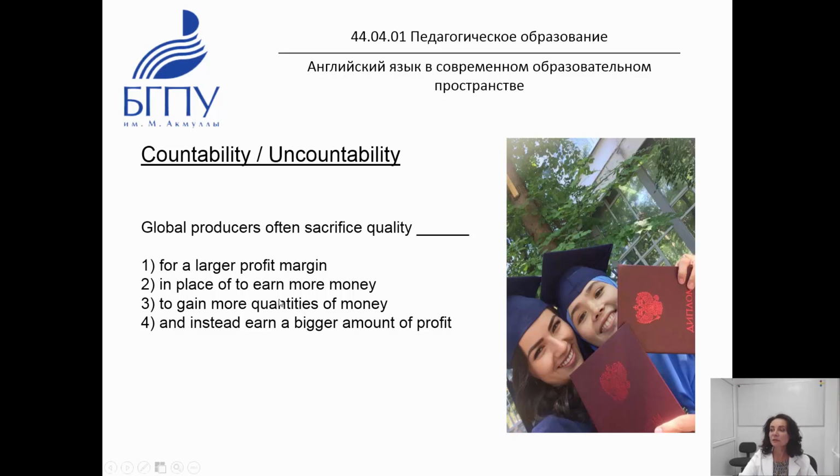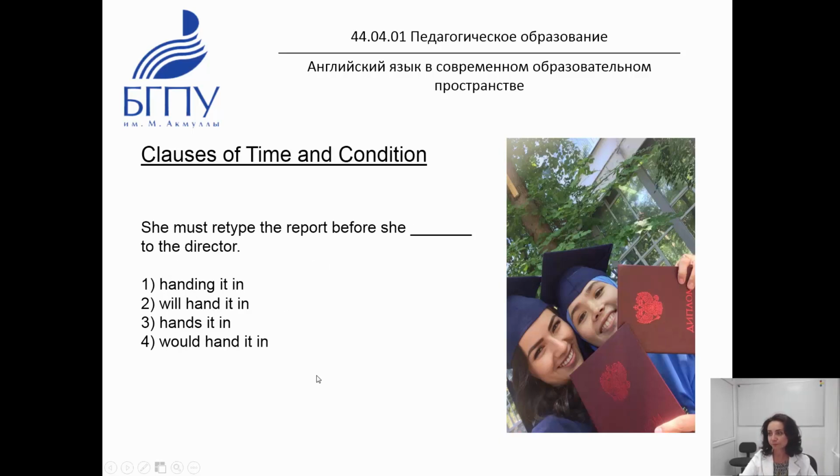But here, instead of the gerund, we have the infinitive, to earn. So in place of earning more money would be correct, but to earn is incorrect. That's why the only right variant is number 1, for a larger profit margin.